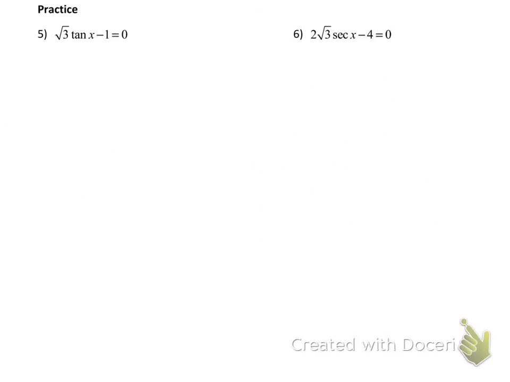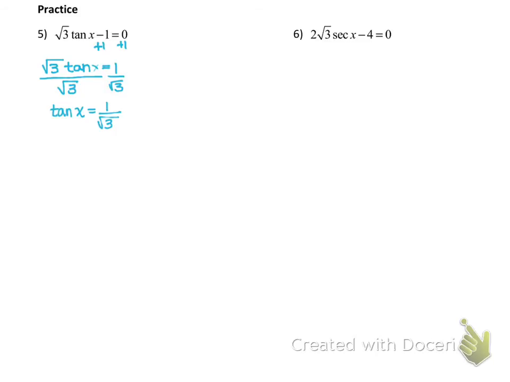Number 5, we need to isolate the variable. So we're going to add 1. And then we're going to divide by root 3. So we get tangent x of 1 over root 3. So we know that we can't have a radical in the denominator, so we're going to have to rationalize it.